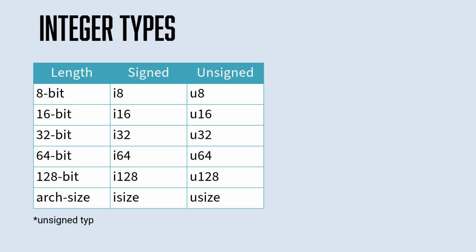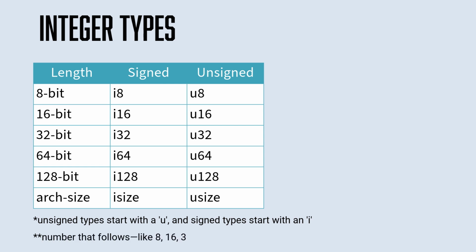In Rust, unsigned types start with a u and signed types start with an i. The number that follows, like 8, 16, 32, or 64, tells us how many bits of memory the number uses. So i16 means a signed 16-bit integer, and u64 is an unsigned 64-bit integer.